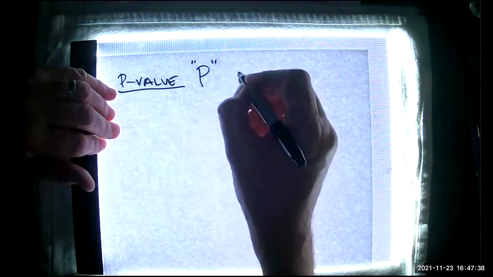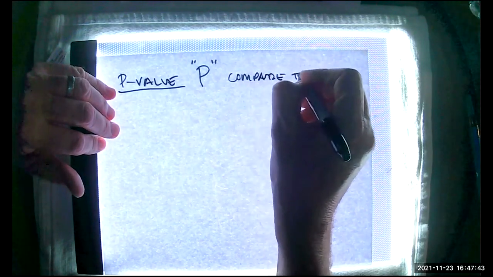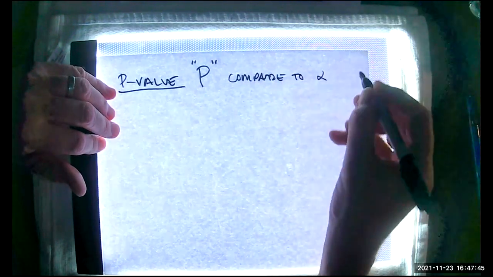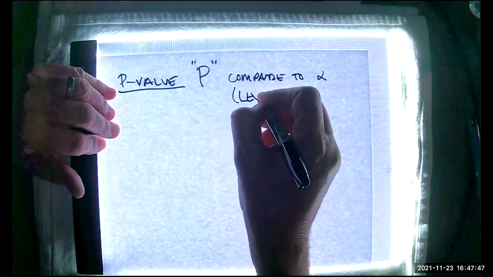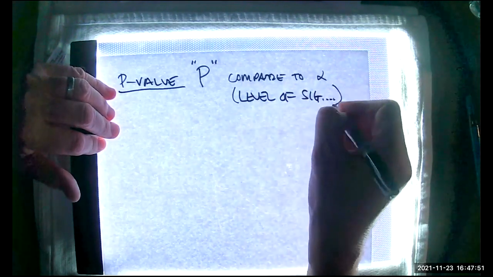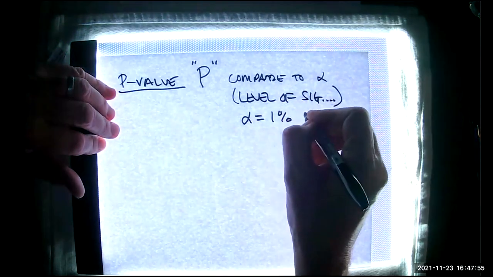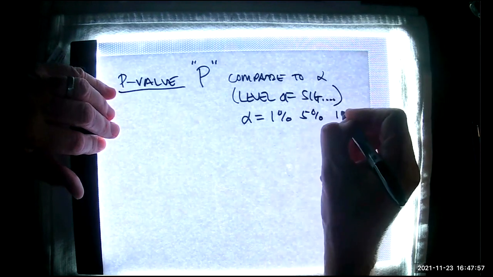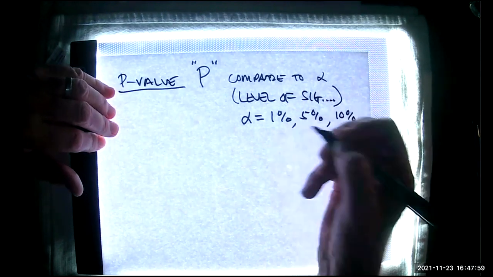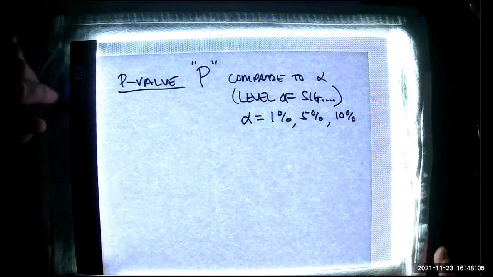The p-value, we compare it to alpha. That's that level of significance. Common values of alpha, 1%, 5%, 10%. We've already encountered alpha back in the confidence interval notions. We really start to use it here.